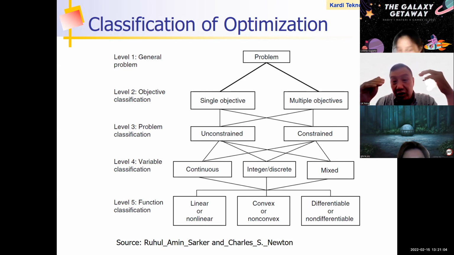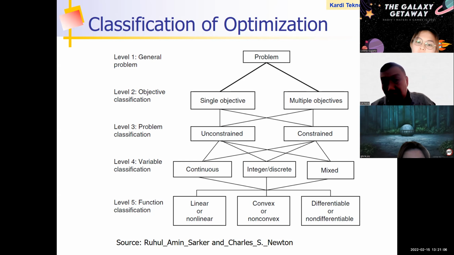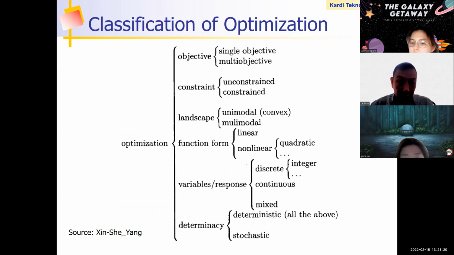If the boundary is non-convex, you cannot use linear programming, right? Up to here, any question? Okay. Good. So in terms of the optimization, again, the same thing.